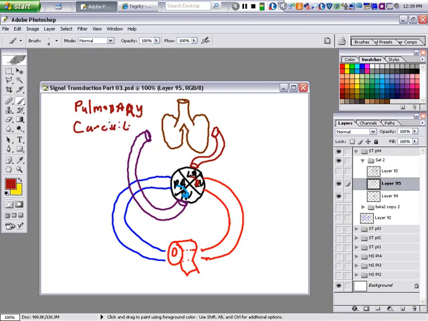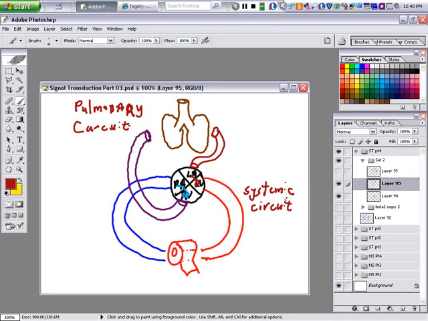And the blood that's going from the left ventricle back around to the tissues and back around to the right atrium, that's called the systemic circuit. That's from the left ventricle to all the body tissues, even the brain, everything except the lung, then back to the right atrium.